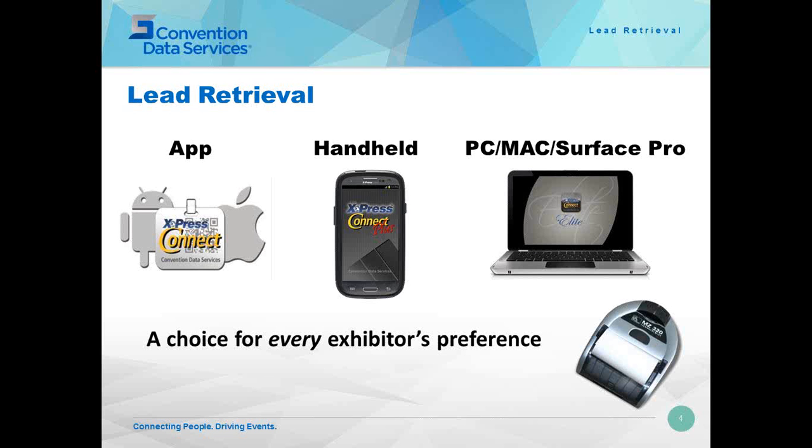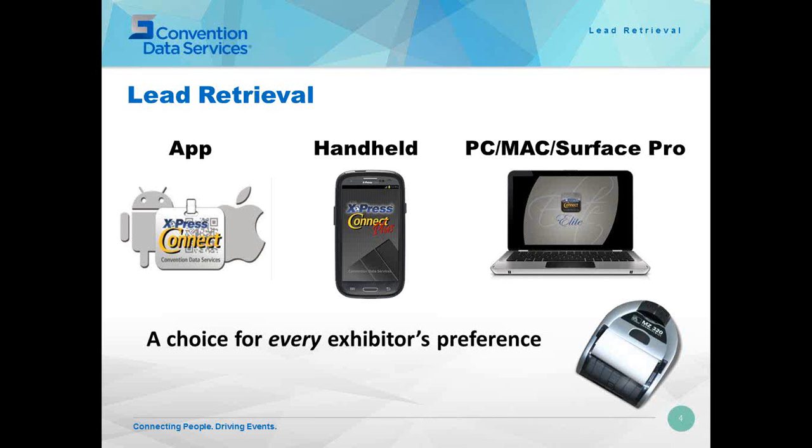So the first option is our Express Connect app. And that works on your smartphone or tablet, and it works with Android or Apple. Then the second option is our Express Connect Plus handheld. And that's for exhibitors that may not want to commit their own smartphone or tablet to the booth. They want to have a handheld that they can share and hand off to one another as they're coming and leaving the booth.